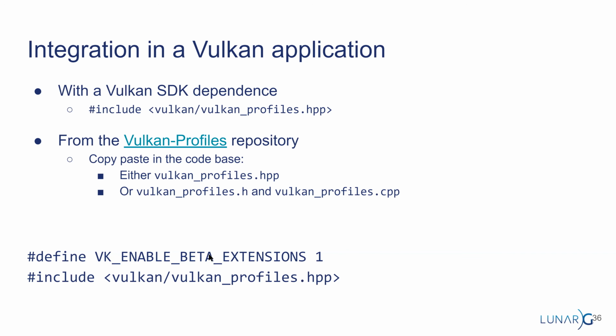And if we want to use beta extensions, such as the portability subset extension, we need to enable beta extensions. Define VK_ENABLE_BETA_EXTENSIONS, just like we do with vulkan.h. So it's very similar. And when we use vulkan_profiles.hpp, we don't even need to include vulkan.h, but that's very important.